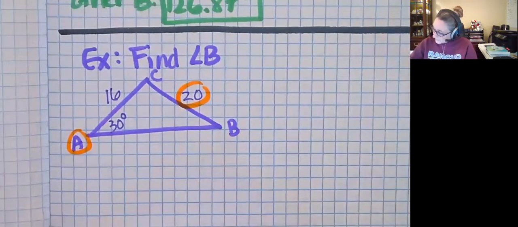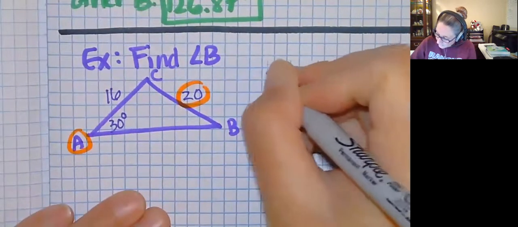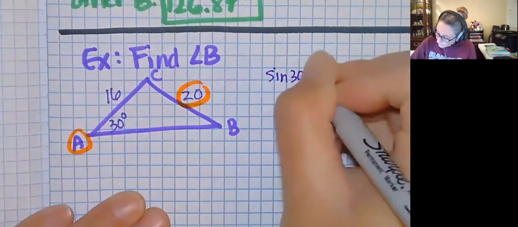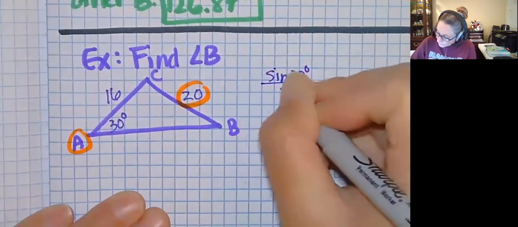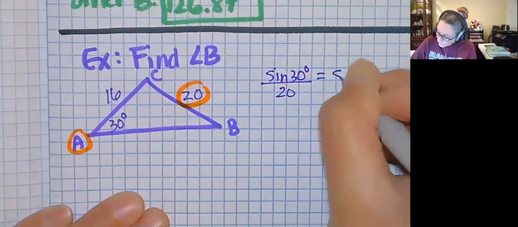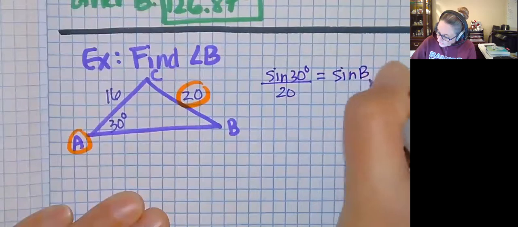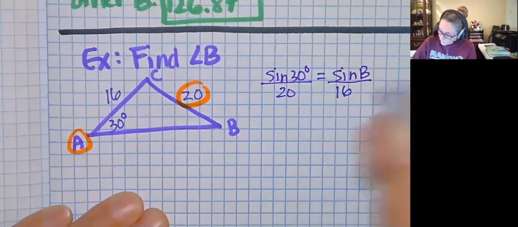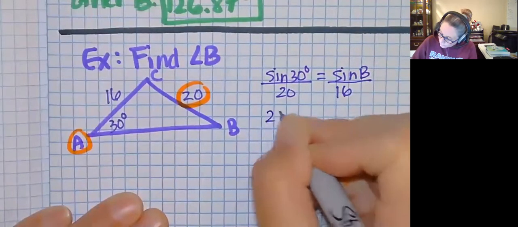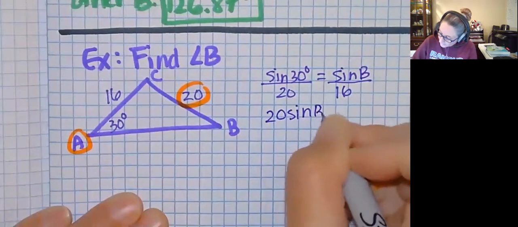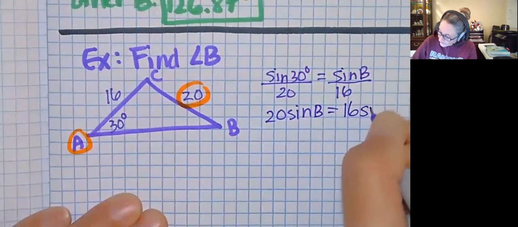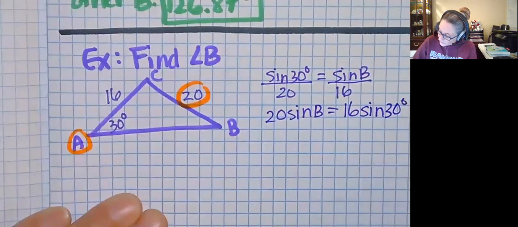Okay, so again, I set up sine of 30 degrees over 20 equals sine of B over 16, cross multiply and solve. So 20 sine B equals 16 sine 30 degrees.